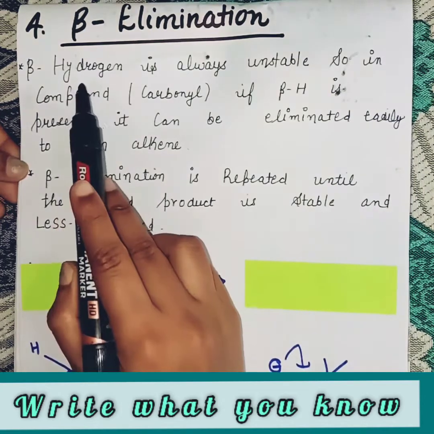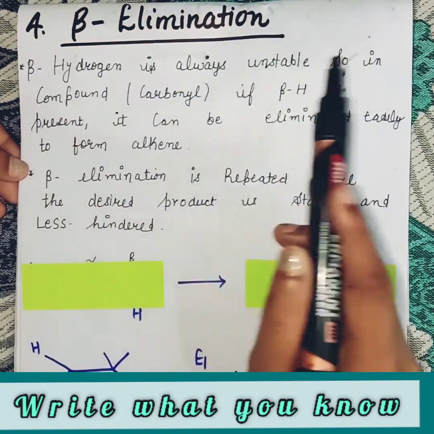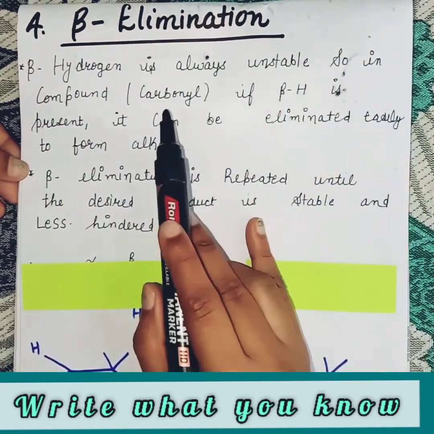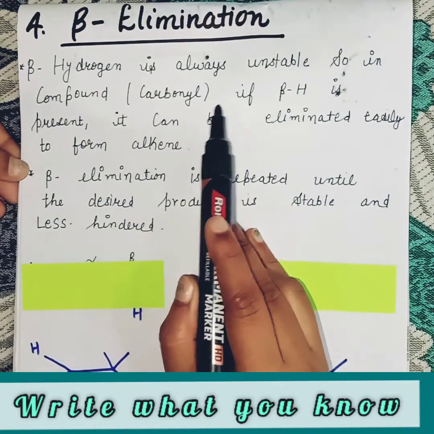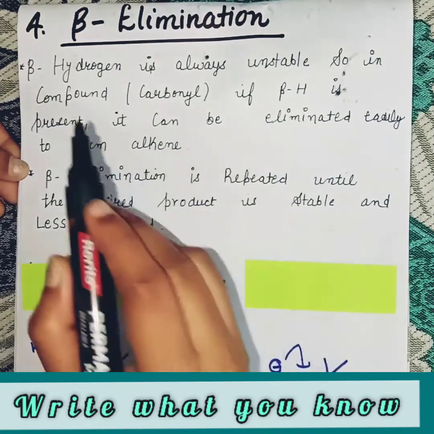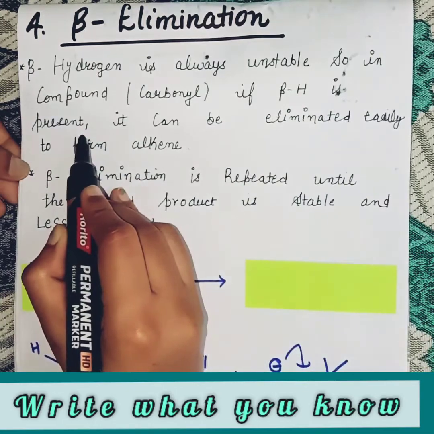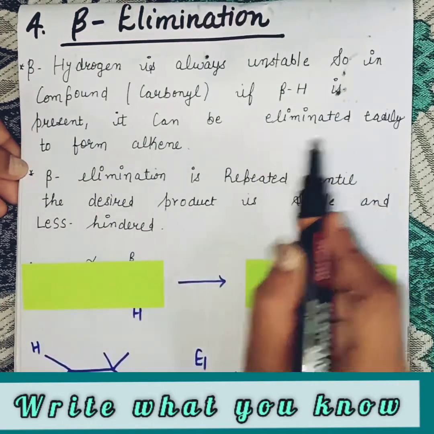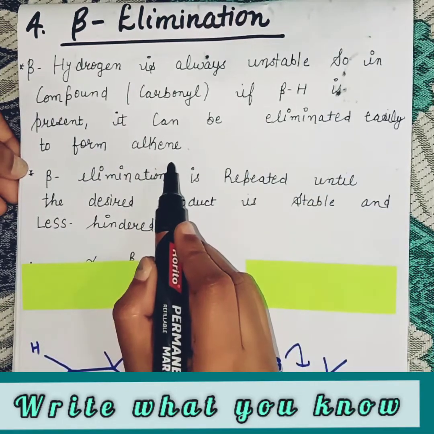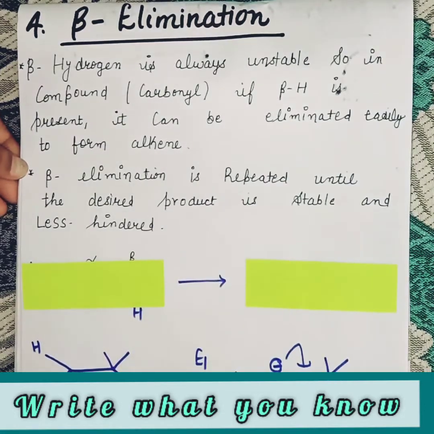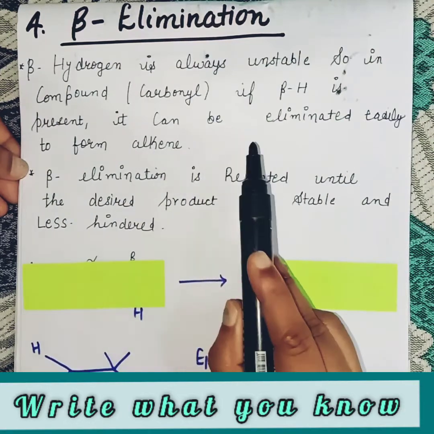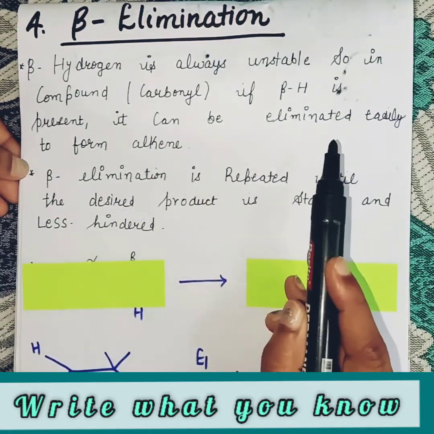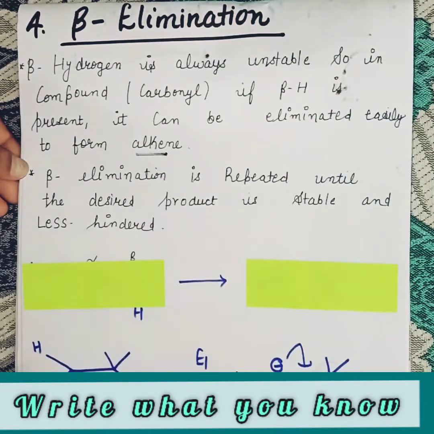We know, guys, that beta hydrogen is always unstable, so if beta hydrogen is present in any compound, it can be eliminated easily to form an alkene. Simply, if beta hydrogen is present in any complex, then it is unstable, so we have to remove it from there to form an alkene.